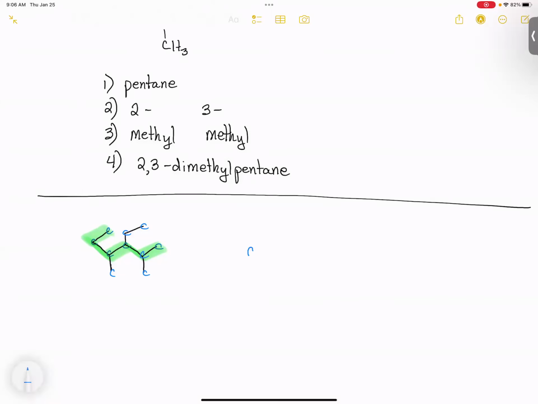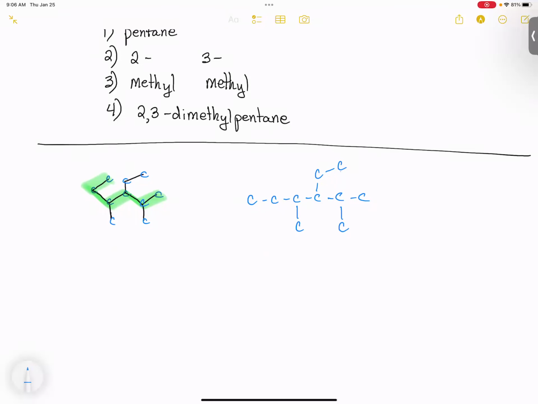So I could rewrite it as 1, 2, 3, 4, 5, 6. Off of this one there was a carbon, off of this one there were 2 carbons, and off of this one there was a carbon. Sometimes getting it down to where it's not as chaotic looking is very useful.